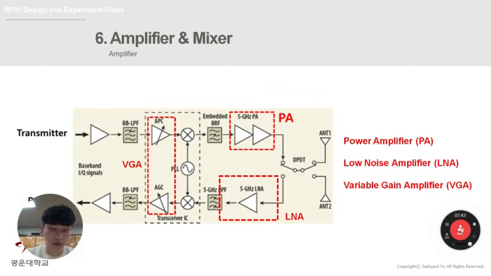At the transmitter, the key is how much power to amplify the signal to the desired point, since the electromagnetic wave can reach the desired point only when the antenna emits the signal at the proper maximum power. The amplifier used for this is called the power amplifier.